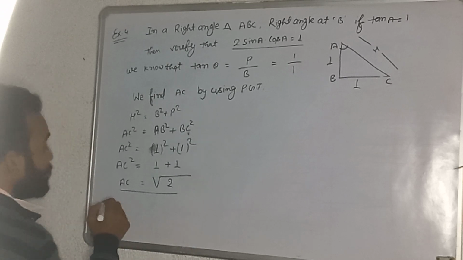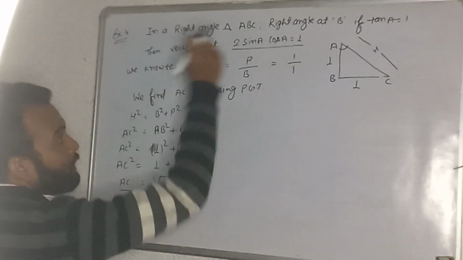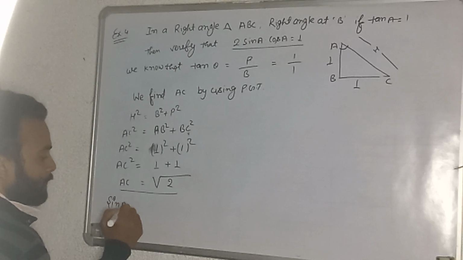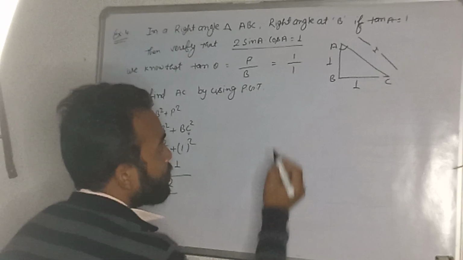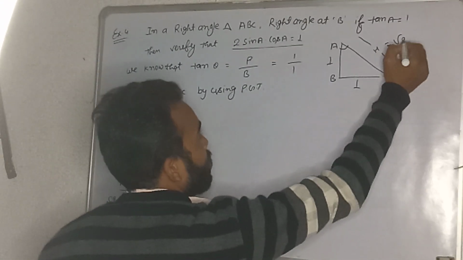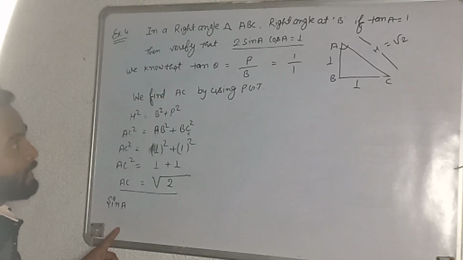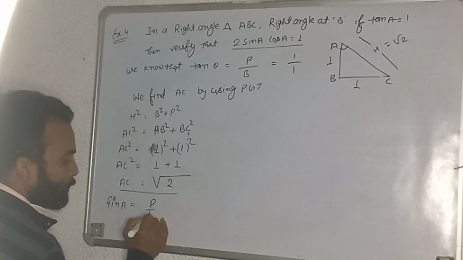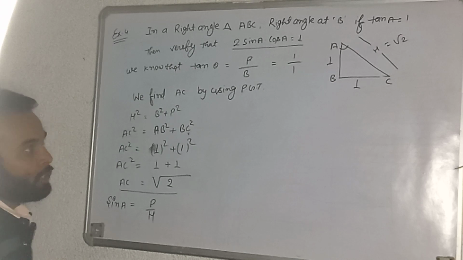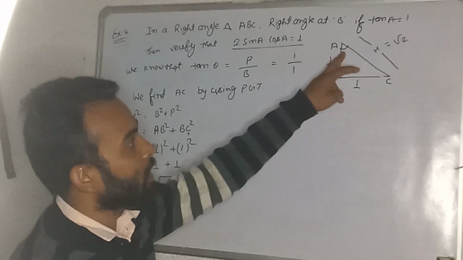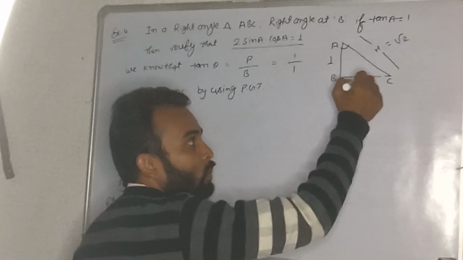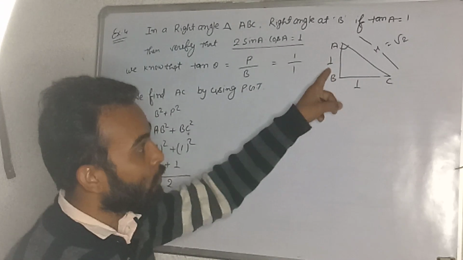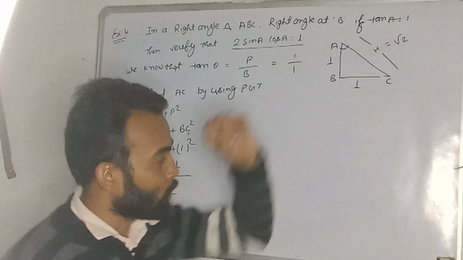Now we find sin A and cos A. Sin A is equal to P by H, perpendicular upon hypotenuse. We observe that here with respect to A, perpendicular will be BC and base will be 1 and hypotenuse will be root 2.